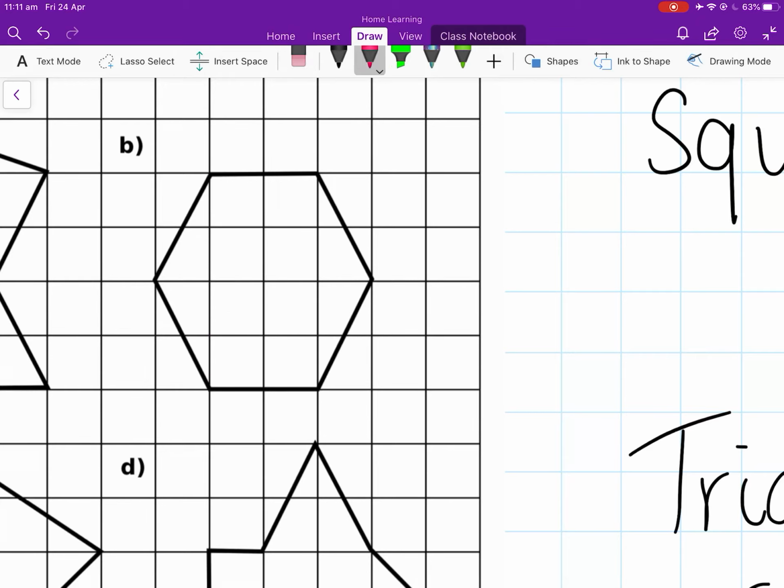Now, I'm just going to work out the area of one triangle, and that's going to be this one. So it's going to be 1 on my base and then 2 squares on my height. So that is 1 times 2, and then I need to divide it by 2. 1 times 2 is 2. Half of 2 is 1, so that is 1 centimeter squared.